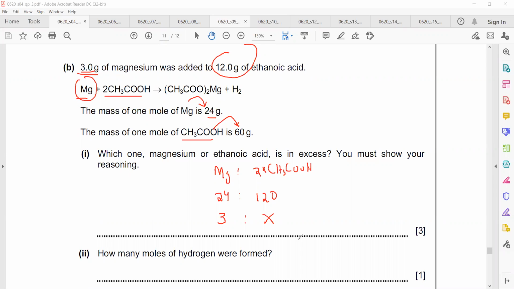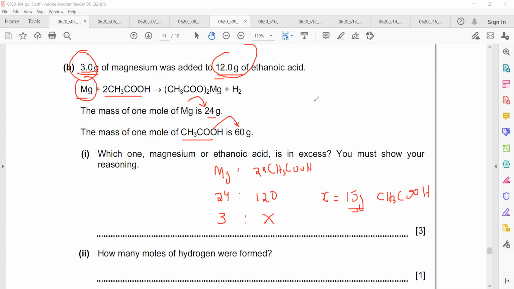So if 24 grams of magnesium requires 120 grams of ethanoic acid, then 3 grams of magnesium requires 15 grams of ethanoic acid. That is required for the reaction. But you don't have 15. How much do you have? You have 12.